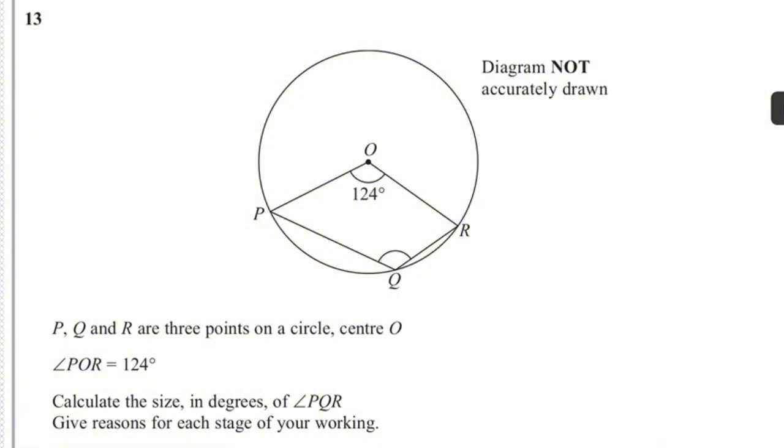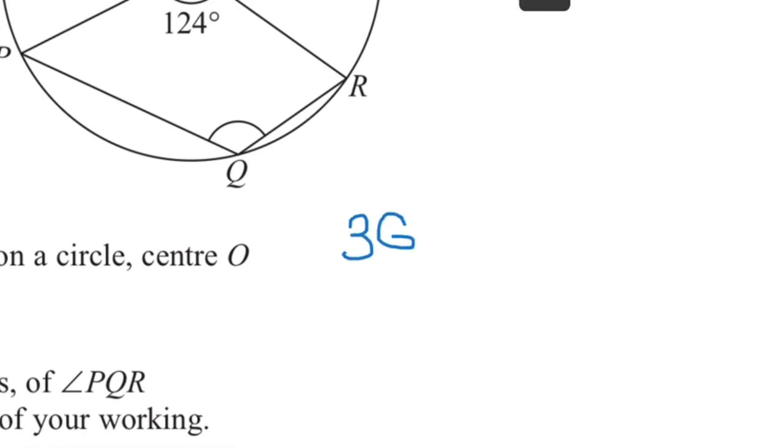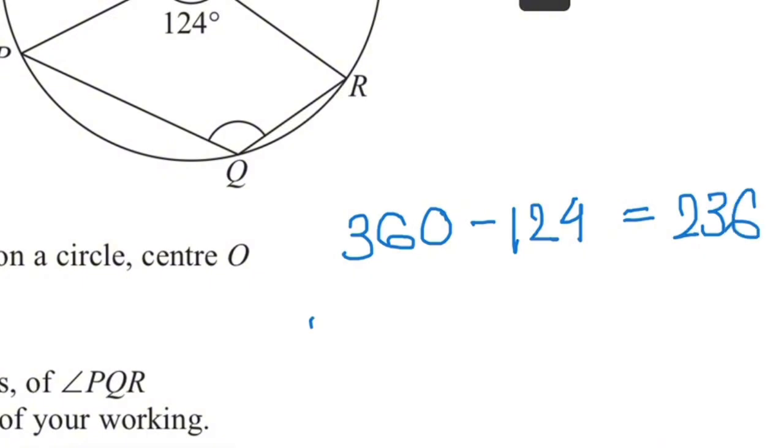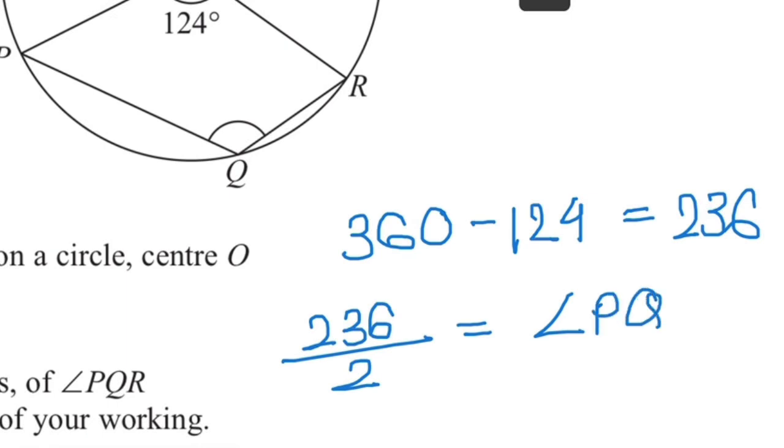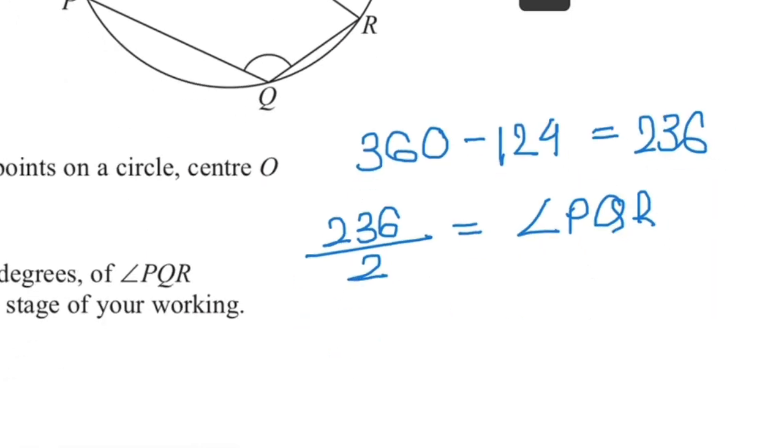So we must find the reflex central angle first by doing 360 minus 124, which gives us 236, and we're going to divide 236 by 2 to get angle PQR, which gives us the answer 118.